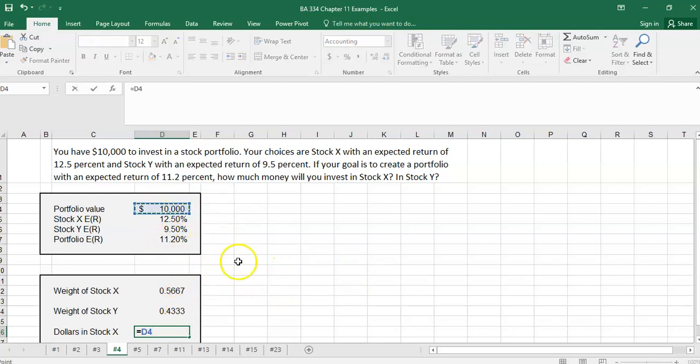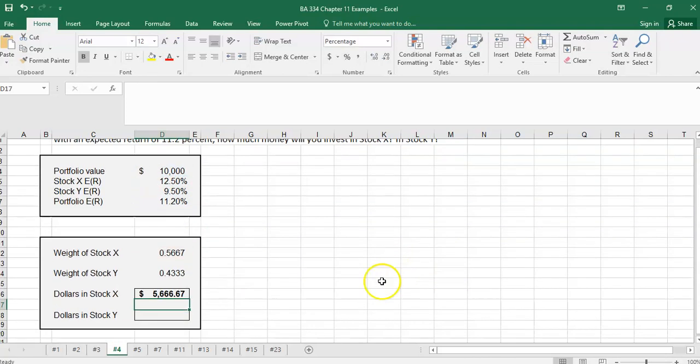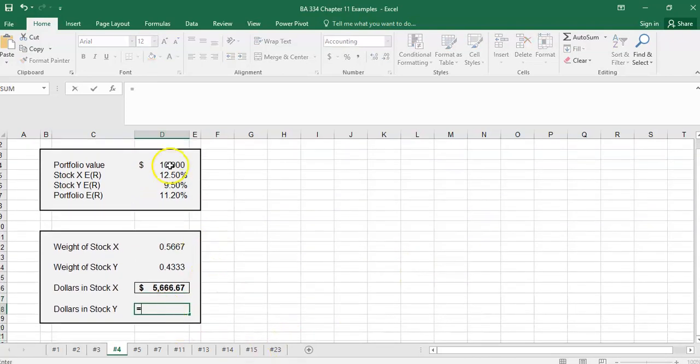So total value of the portfolio times the weight of stock X and the total value of the portfolio times the weight of stock Y. So this tells us how many dollars of our total portfolio we have invested in each stock.